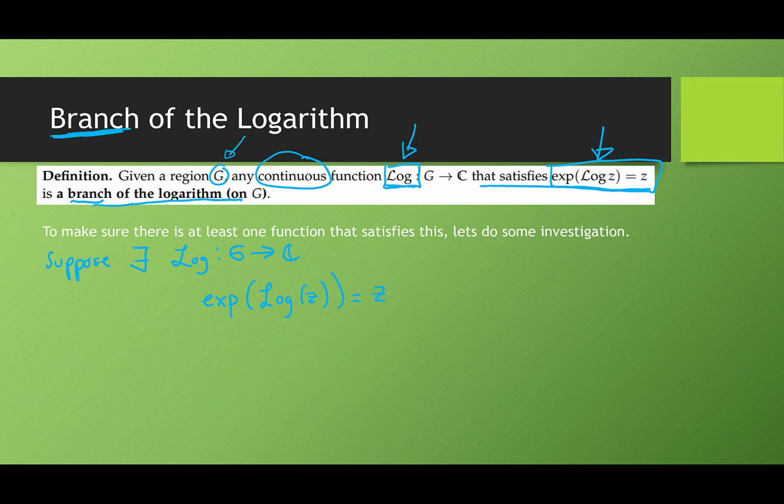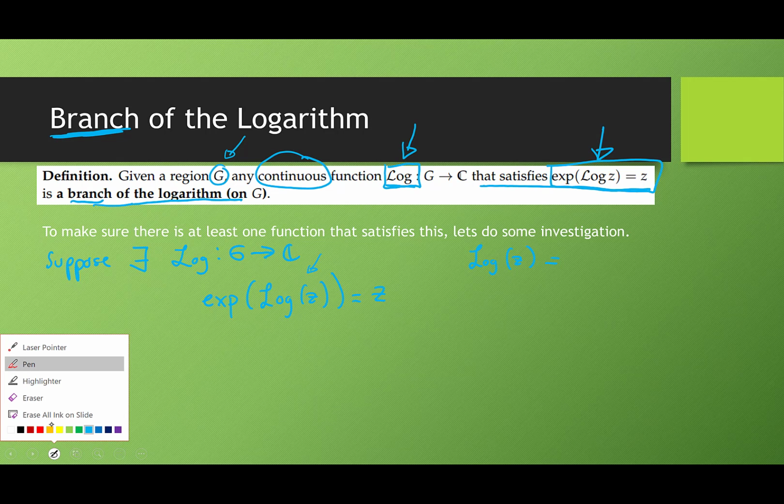Okay. Now what we're going to do is rewrite this. Log is a function, right? And it's a complex function, so that means that log of z can be written as, and actually I'm going to change to red here so we can see this a little bit better.